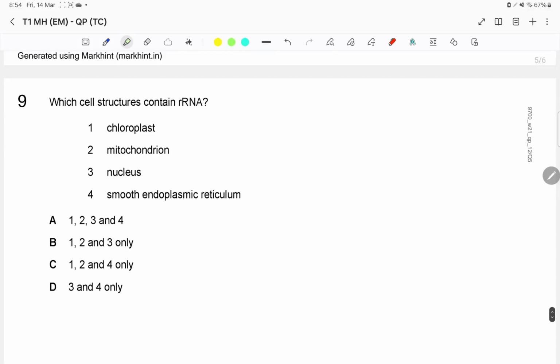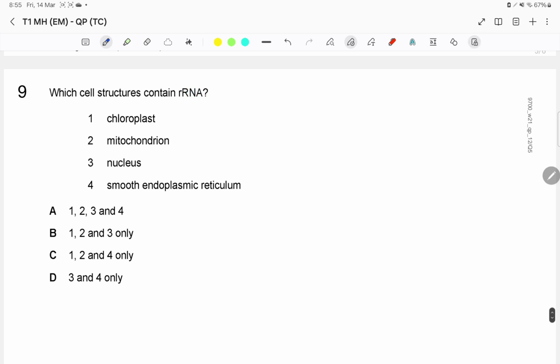Last but not least, which structures contain rRNA? Just for your information, rRNA stands for ribosomal RNA. That means it makes ribosomes. Whichever structure contains ribosomes will contain rRNA. So we know that chloroplast contains ribosomes, and in chloroplast they will be 70S.